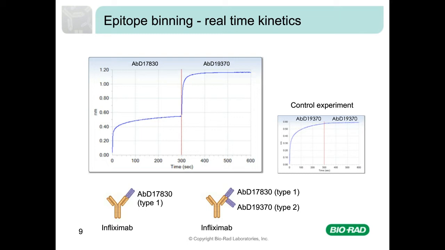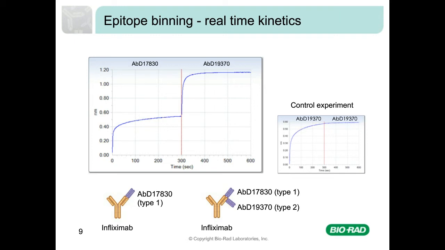After saturation, the sensor was dipped into solution containing the type 2 anti-infliximab antibody ABD 19370, which can still bind to the infliximab ABD 17830 complex, showing that it targets a different epitope on infliximab than the type 1 antibody. The control experiment shows that ABD 19370 also binds infliximab when applied as first antibody.